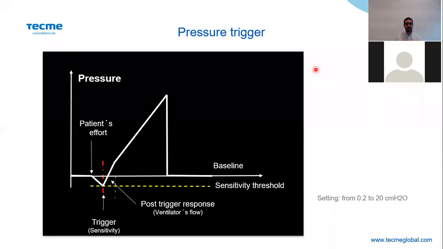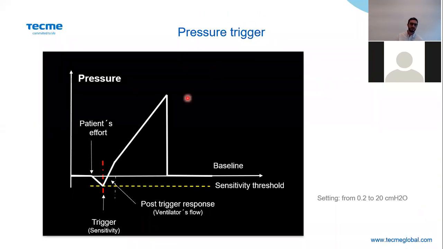If you remember, when we are talking about the trigger, we can set an inspiratory sensitivity by pressure or by flow. When we go through all the ventilatory modes, I will show you how to set this pressure or this flow trigger.